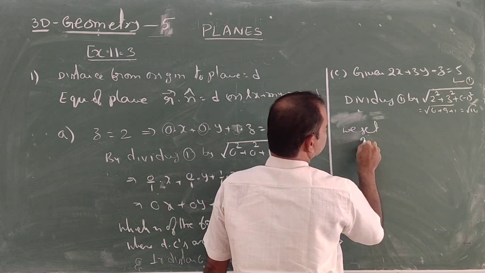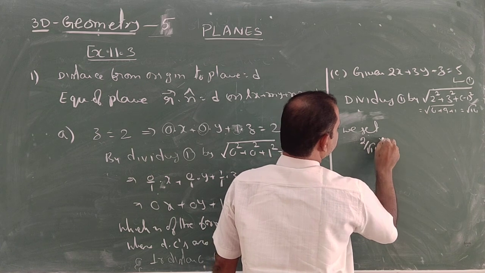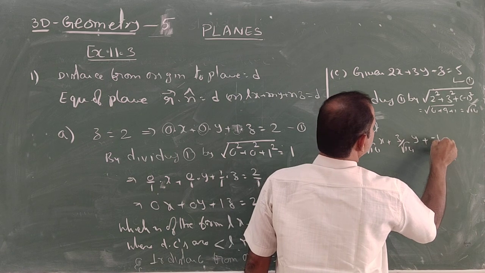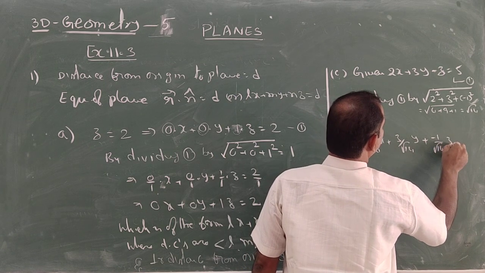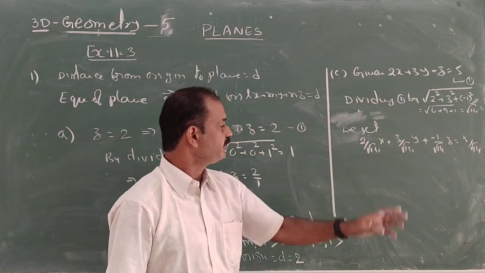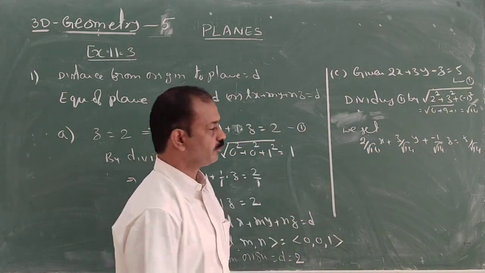We get 2 by root 14 x plus 3 by root 14 y plus minus 1 by root 14 z is equal to 5 by root 14, dividing everything by root 14.